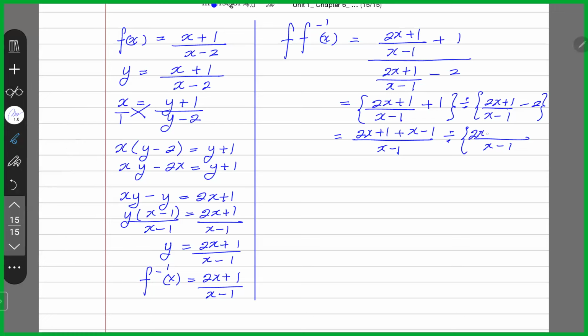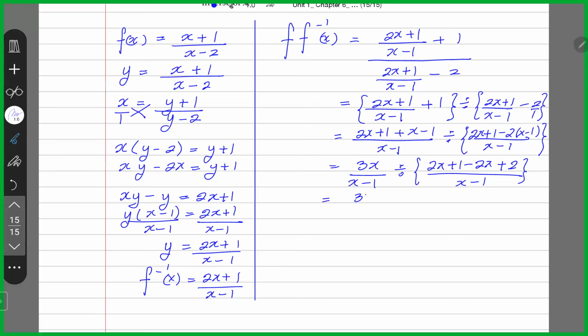We have 2x plus 1 minus 2 into x minus 1. Up top, we have 3x over x minus 1. That's the numerator. Divide by 2x plus 1 minus 2x, and this is plus 2, all over x minus 1.